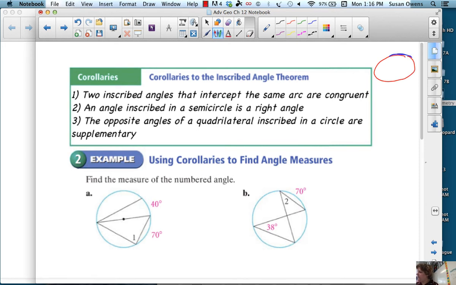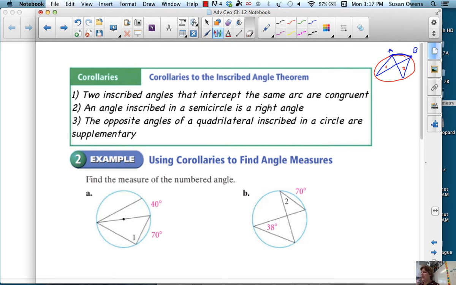So suppose I have this intercepted arc, and I'll call this A and this B. And if I draw 2 angles that go from A to a point on the circle and then back to B, so maybe this one here and this one here, then these 2 angles have to be the same measure. So measure of angle 1 would be the same as measure of angle 2, because they intercept the same arc. They're each 1/2 of AB, so they each have to be congruent to each other. So there's the first corollary.